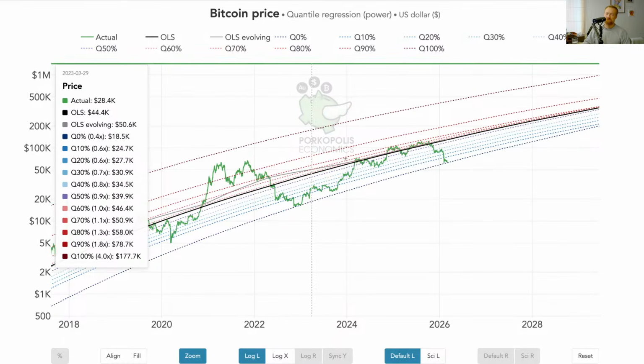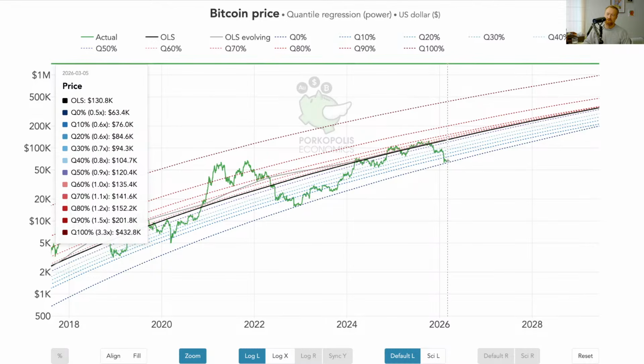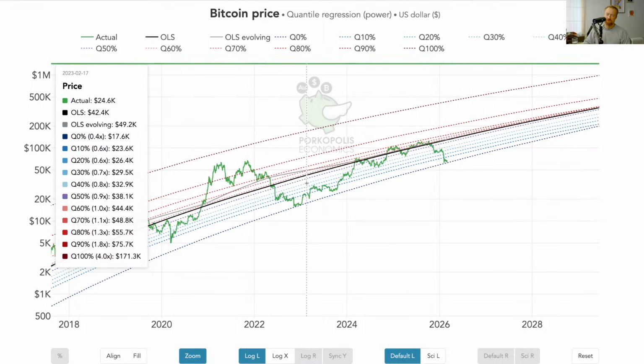And so what I'm trying to say is, though it might seem scary to a lot of you, and the world is geopolitically quite wild right now, if you back up, big picture, Bitcoin looks extremely cheap relative to the trend. It looks on sale. Never financial advice, but that's how it looks.